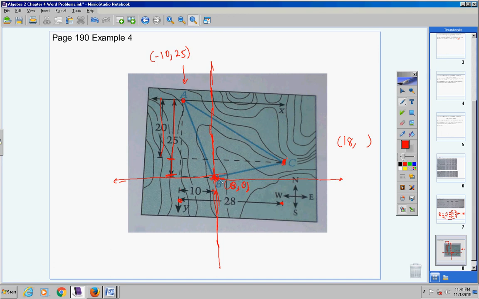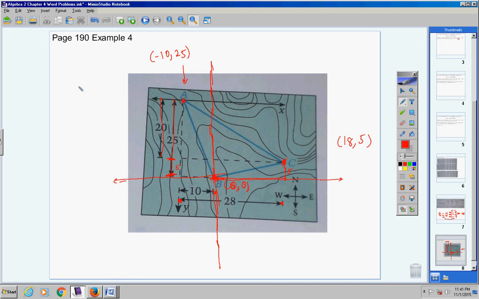So this point I went over 18. Now I'm going to go up 5 because from here to here is 25, and from here to here is 20. So this little distance here has got to be 5, which is the same as this over here. So it's going to be positive 18, positive 5, and the other ordered pair is (0, 0).